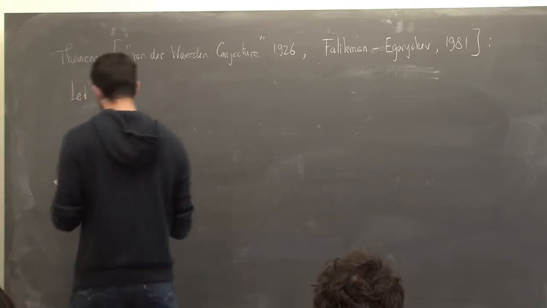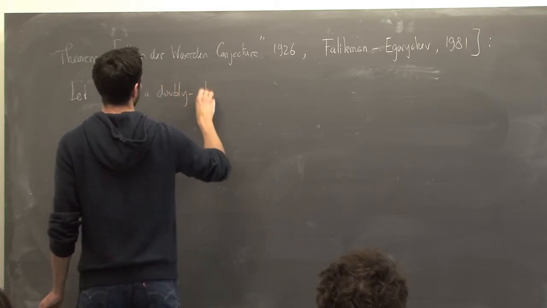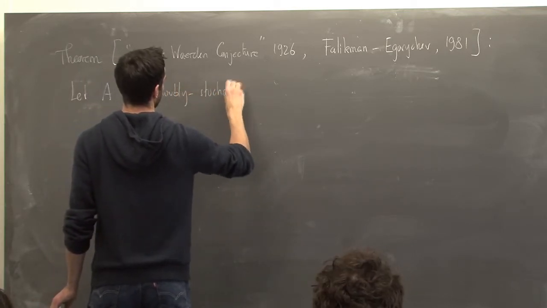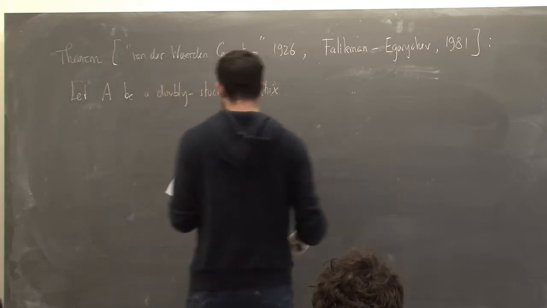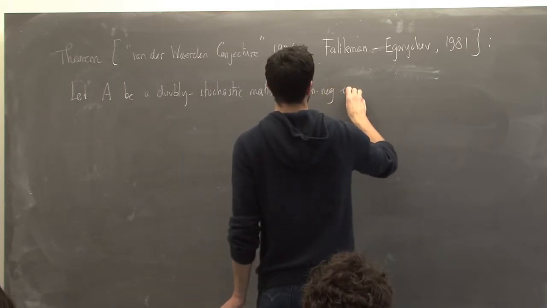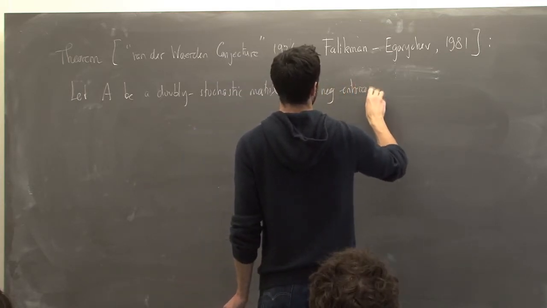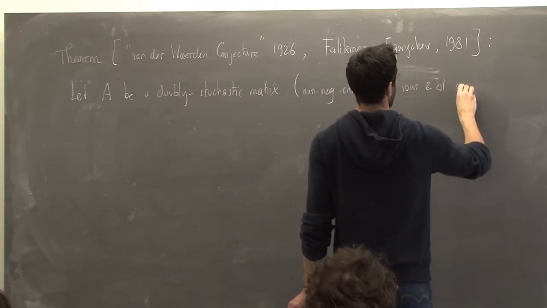Let A be a doubly stochastic matrix, which means that we have non-negative entries and all rows and columns sum up to 1.